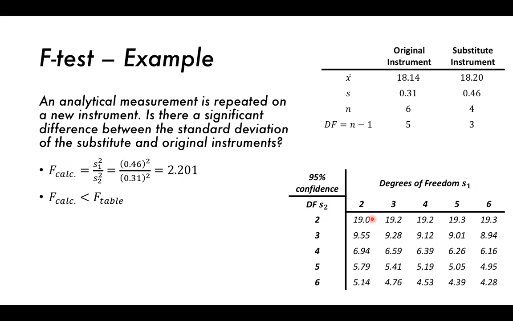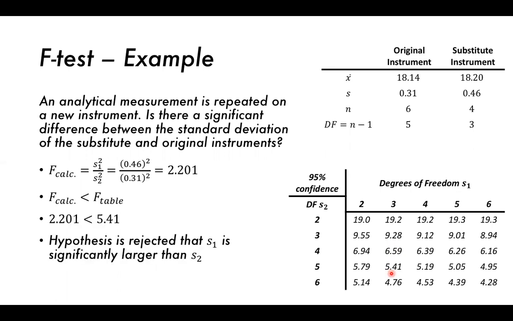If the degrees of freedom are 5 for S2 and 3 for S1, we read 3 down to 5 and get a table value of 5.41, which means that our calculated value is less than our table value, meaning that the hypothesis is rejected that S1 is significantly different or larger than S2. And so in our workplace, use of this analytical measurement should give us a similar true mean for our measurements.